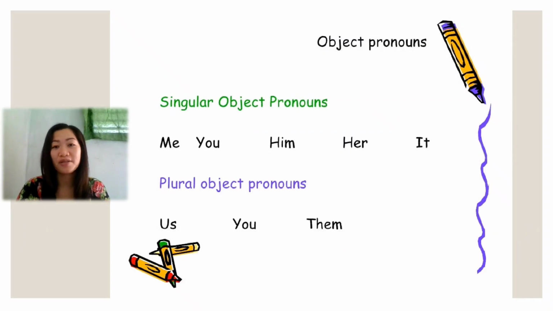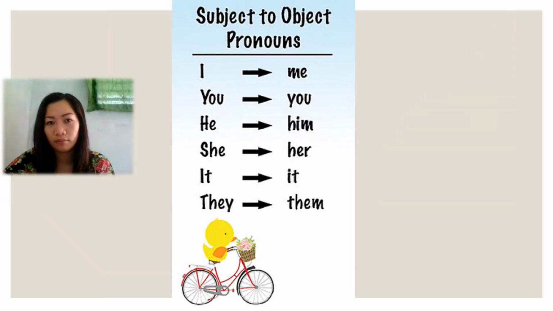Okay, so these are the object pronouns. In singular forms, we have me, you, him, her, it. And we also have the plural object pronouns: us, you, and them. So this would be the subject to object pronouns. When our subject is I, we use the object me.